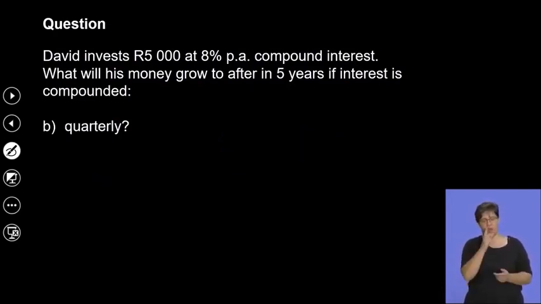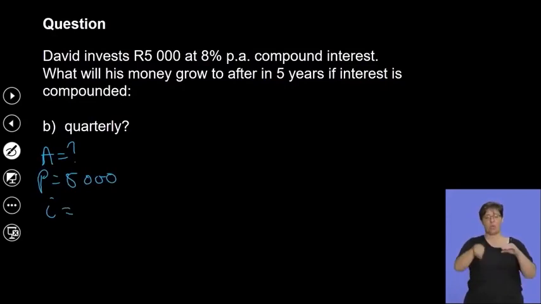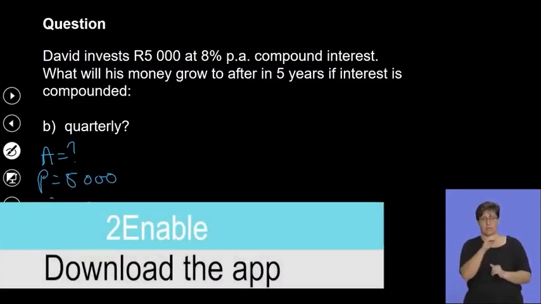Now, if we look at it from a quarterly perspective, remember our A is still a question mark. Our P is the 5,000. Our I now is compounded quarterly, so it means it's going to be 0.08 divided by 4, because remember that we have 4 quarters in a year.